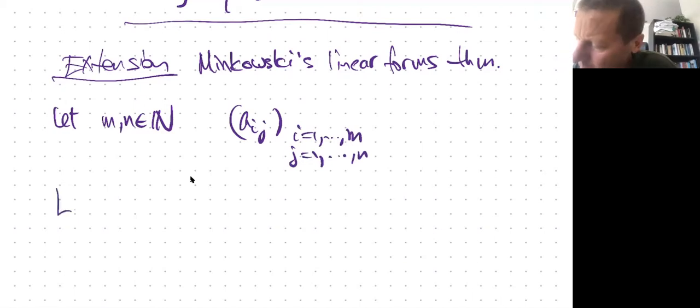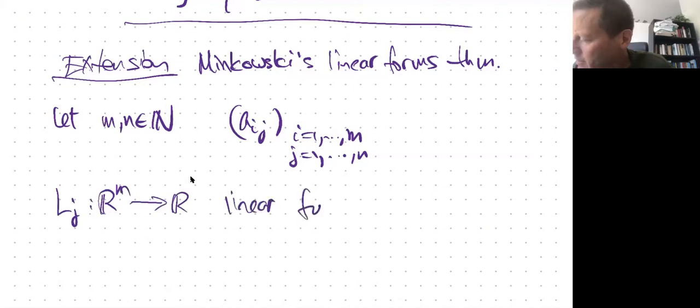And let's denote by L_j the linear functionals on R^m given by using these coefficients.